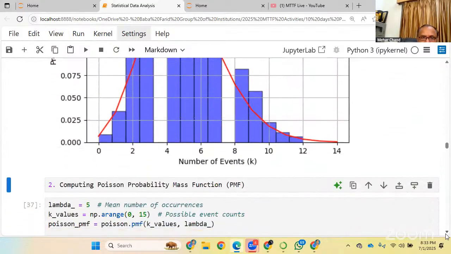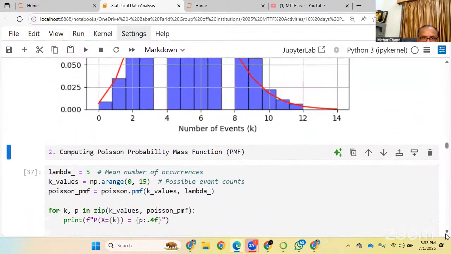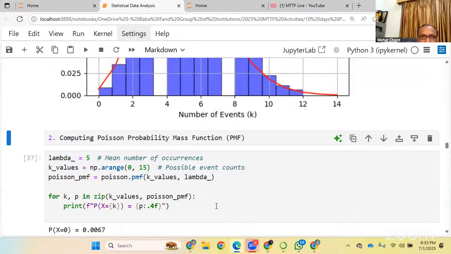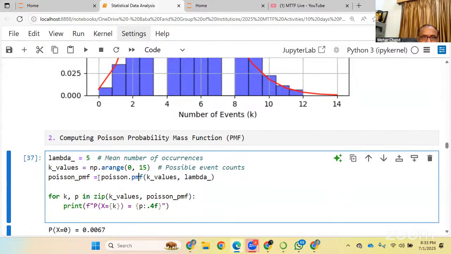Similarly we can compute the Poisson probability mass function. So here lambda is 5 and k values we are arranging from 0 to 15. Okay, and Poisson PMF will be equal to poisson.pmf of k values and lambda, and then for k, p in zip of k values and Poisson PMF.